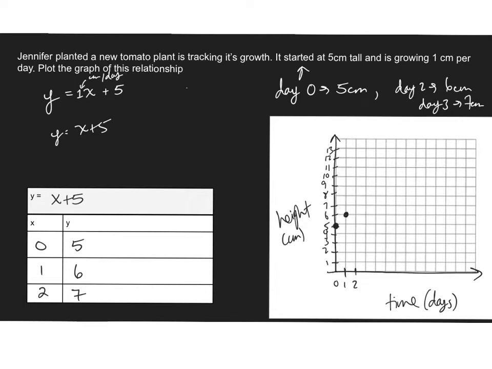After day 1 it's 6 centimeters, day 2 it's 7 centimeters, and just like before, you can now connect a line and plot the growth. So it would be something like that. You could use this to predict that after whatever day this is, you go up and it's going to be 14 centimeters.